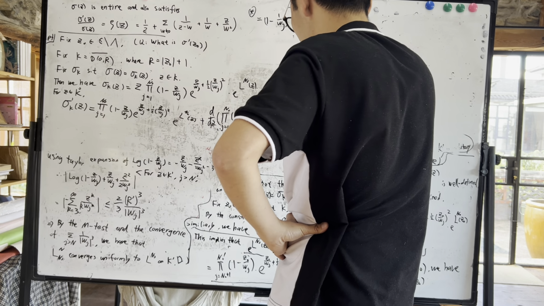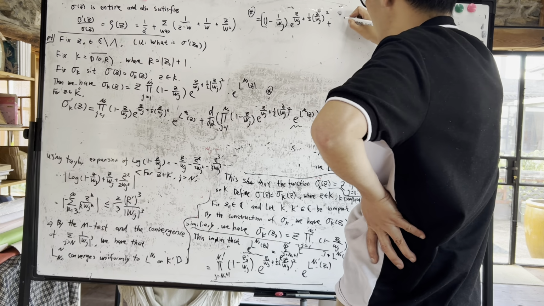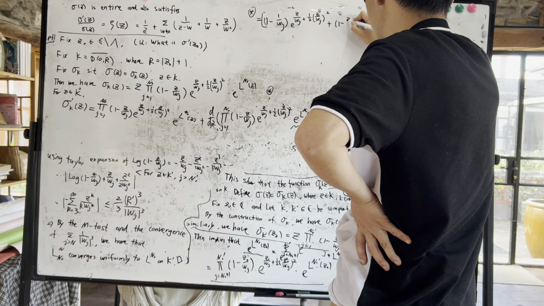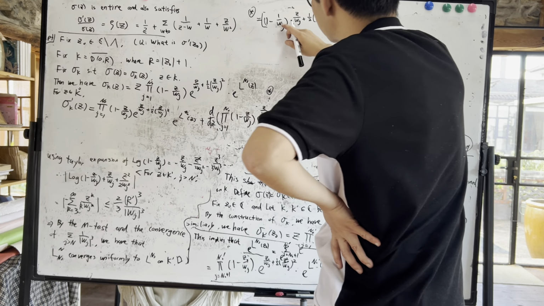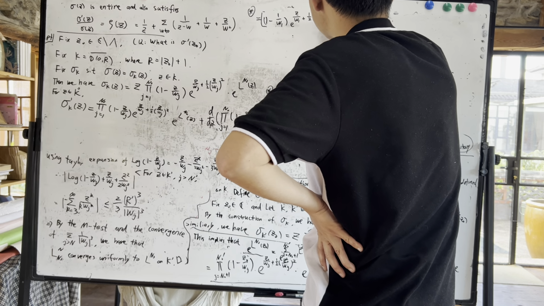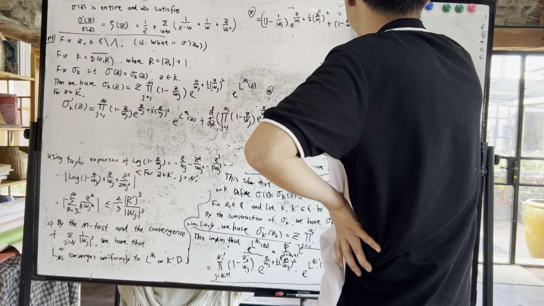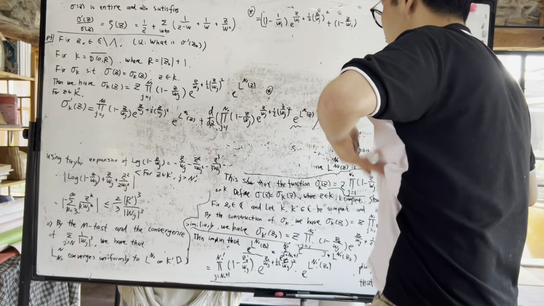And then plus, so this is the product rule, right? So 1 minus z over omega j. Shoot, this should be 1, because I'm taking the derivative of the first term. So 1, and then the derivative of the exponential part, right?